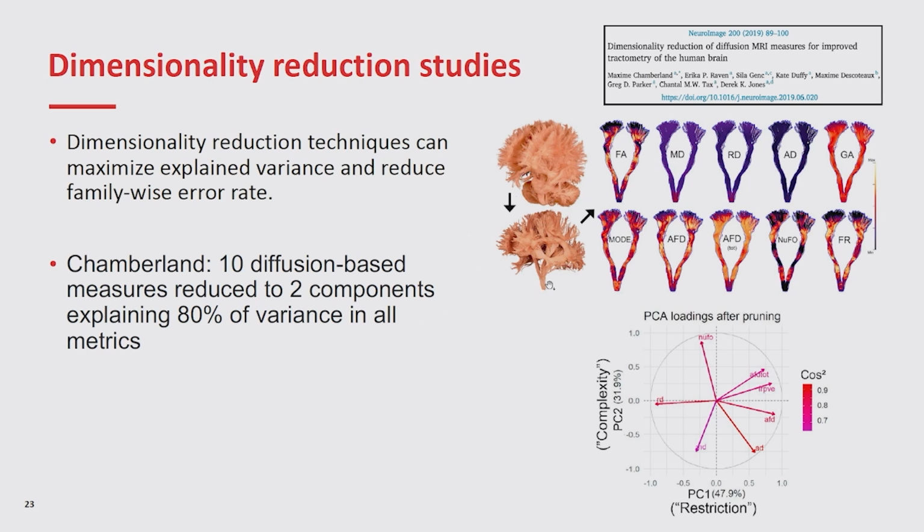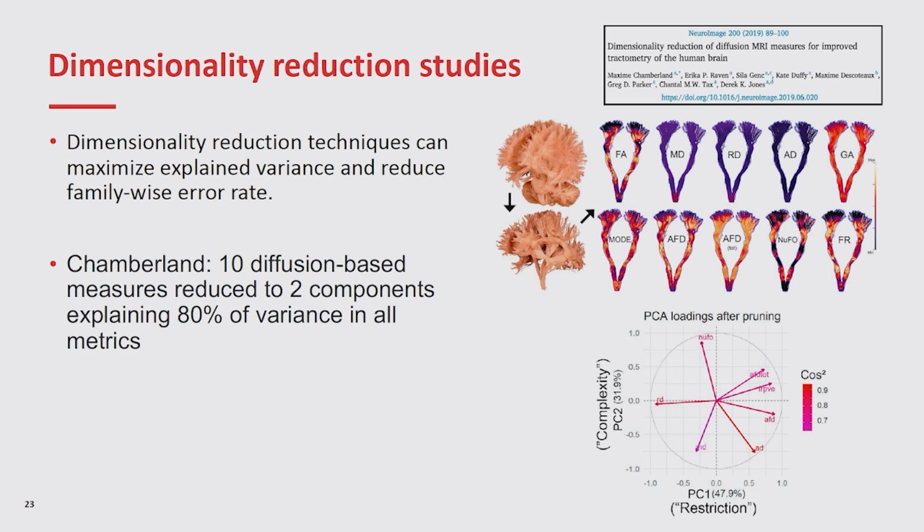Using principal component analysis on along-tract profiles, they identified 2 components, which explained 80% of variance in their 10 input metrics. So they're retaining most of the meaningful variance in their 10 metrics, but collapsing that down to just two latent variables that they can use in their statistical models, which is going to drastically reduce the number of models they need to run.